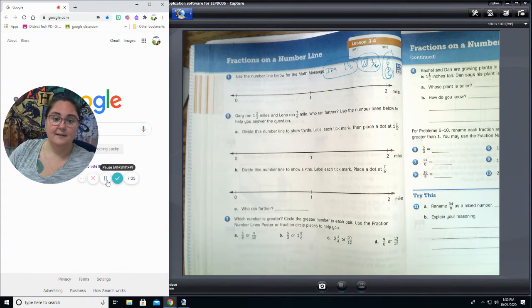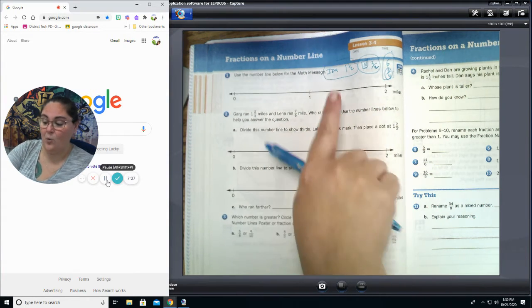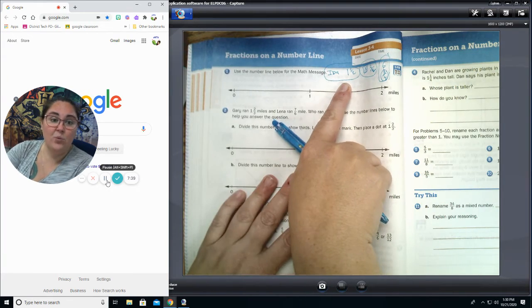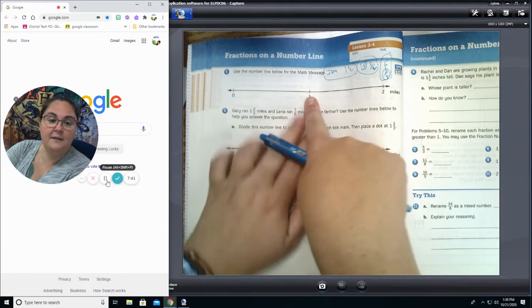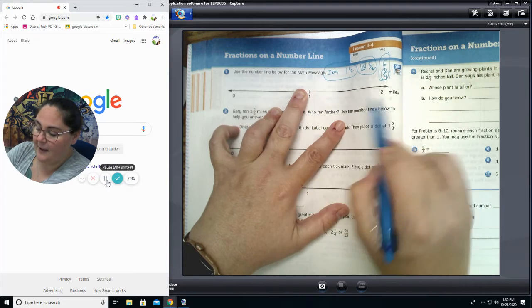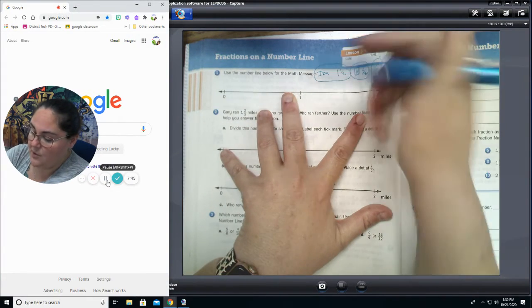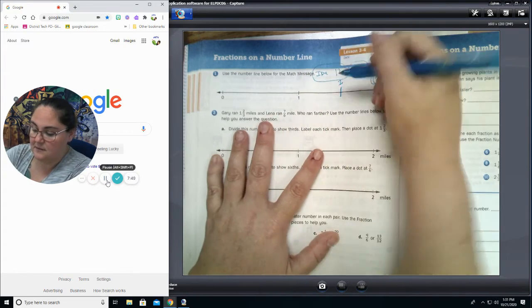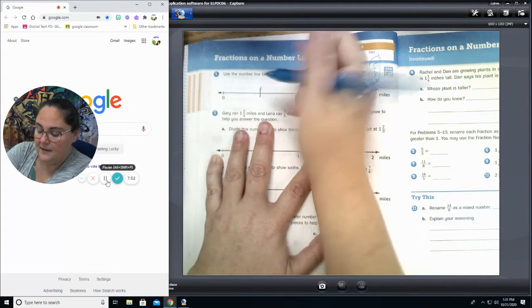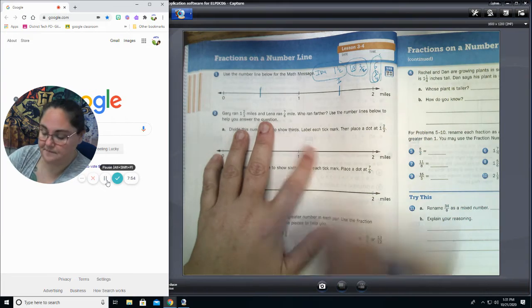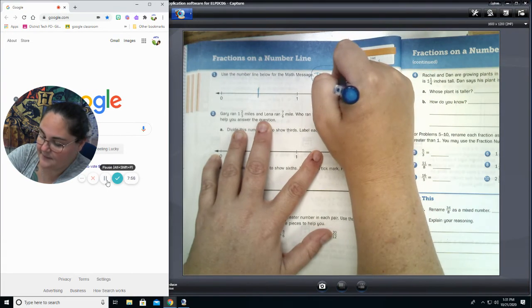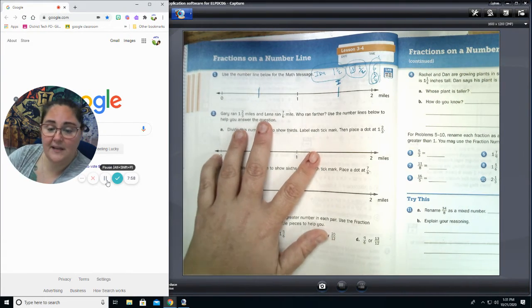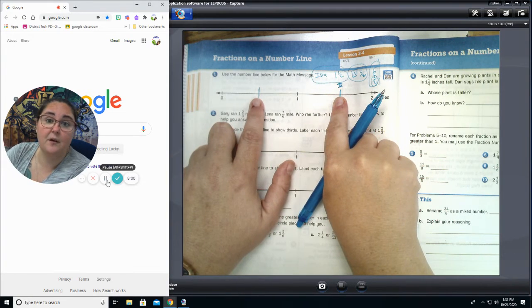Super easy. I'm going to start with 1.5 because I know that 1.5 is bigger than 1 and it's halfway between 1 and 2. So I'm going to put a line here and put an I for Ida. Notice I cut it in half on purpose.